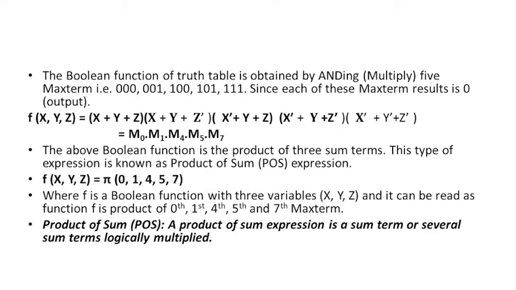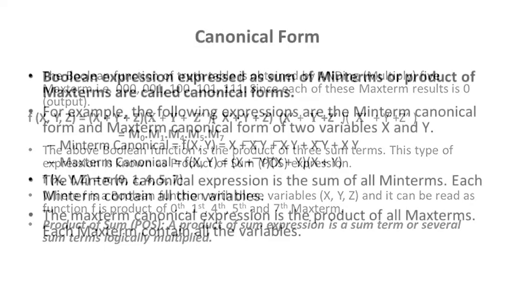It can be read as function f, and it is the product of the 0th term, 1st term, 4th term, 5th term and 7th max term. So a product of sum expression is a sum term or several sum terms logically multiplied.